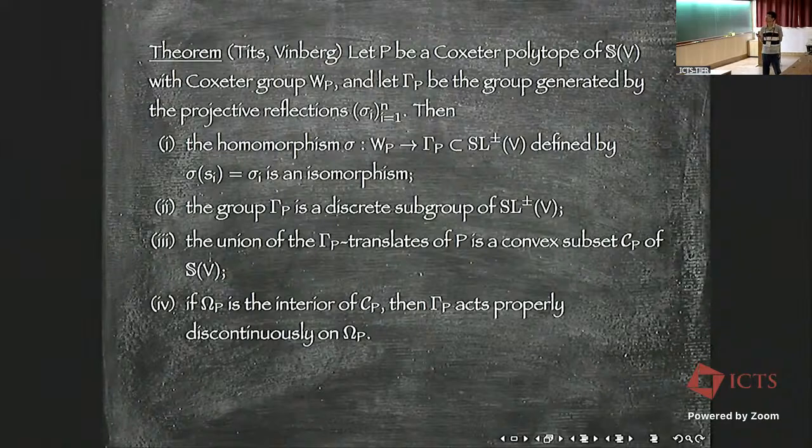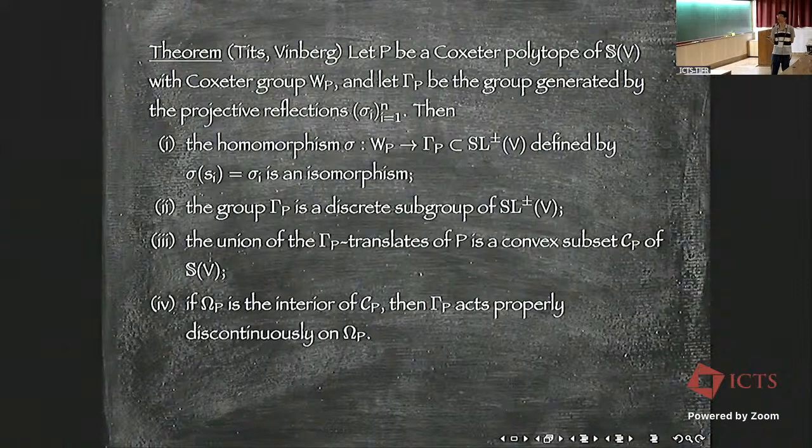Then Vinberg showed that we can think about a homomorphism from this Coxeter group WP to SL plus minus V, and the image is, of course, gamma P. In fact, this homomorphism is an isomorphism.